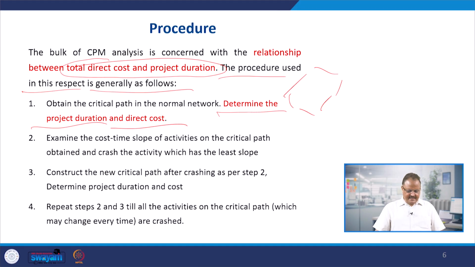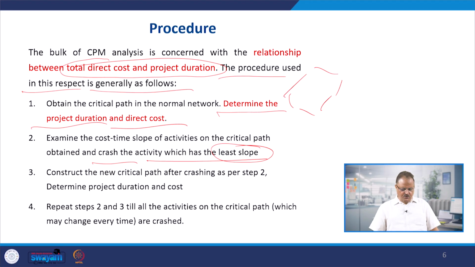Then number 2, examine the cost and time slope of the activities on the critical path obtained and crash the activities which have the least slope.